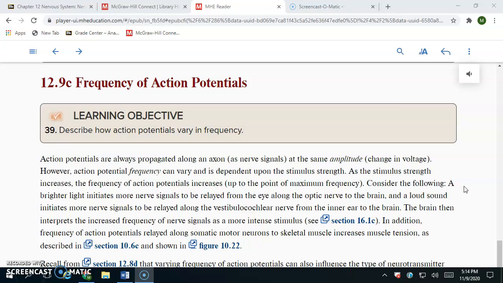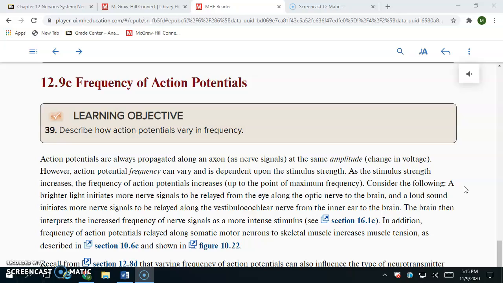So sometimes our brain and spinal cord need to know how intense a sensation is. For example, a really bright light is more intense than a normal amount of light. A loud noise is going to be more intense than a more normal level noise.